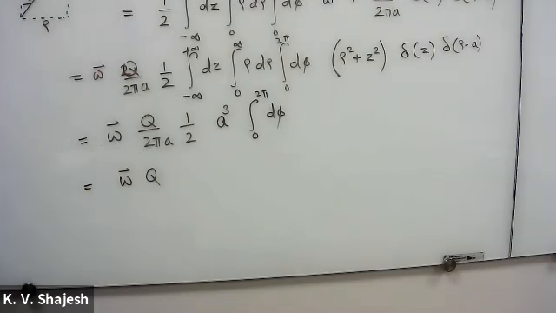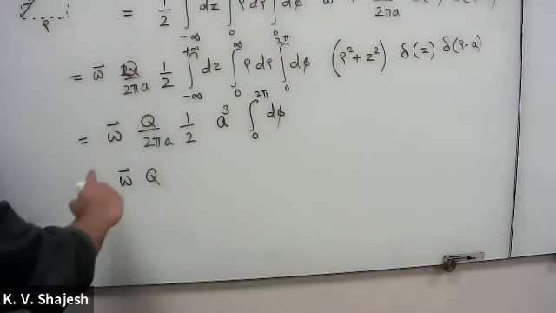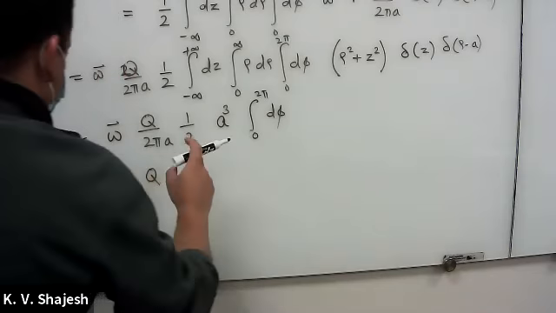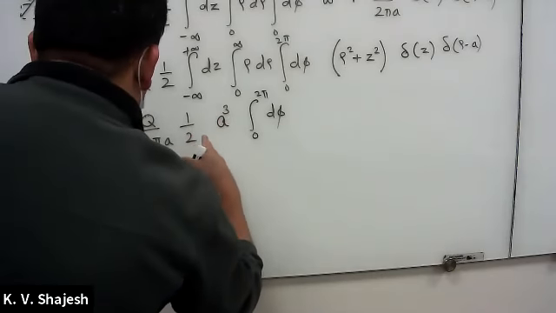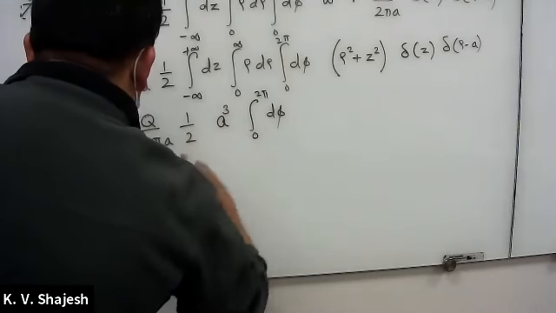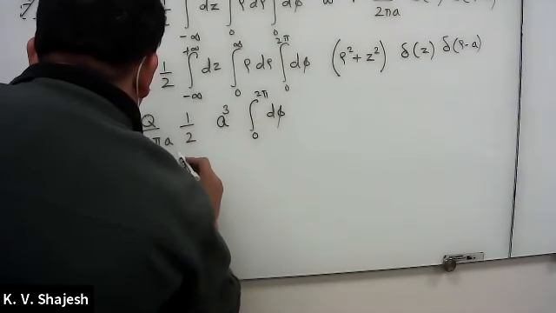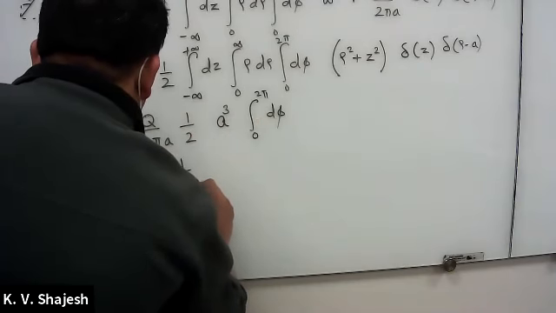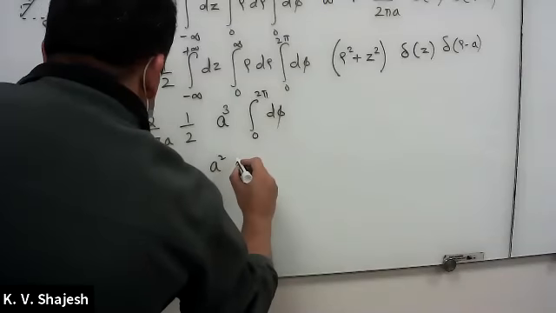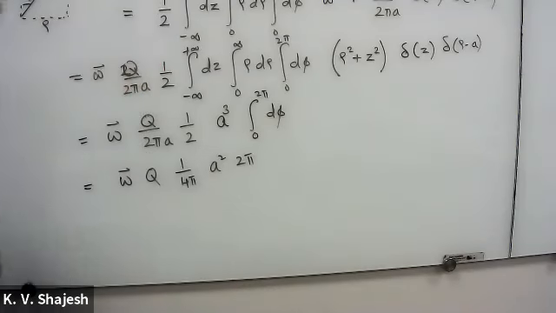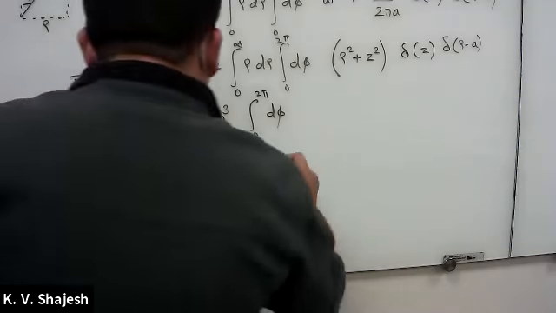Omega is radians per second, so that gives you the dimension of current. So this is 1 over 4 pi, and that is an a squared, and this is 2 pi. So all of them cancel out.